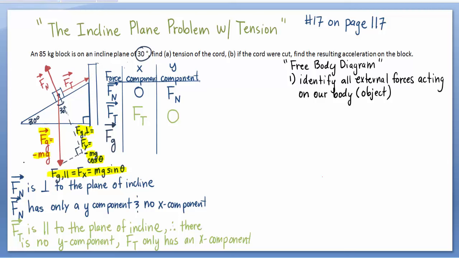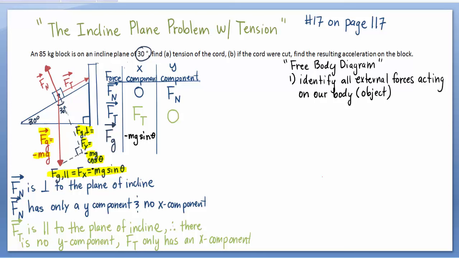Now let's look and see what we have. Well, the x component is equal to what? And that should be a negative because I'm going in the negative direction that way. So our x component is negative mg sine theta.